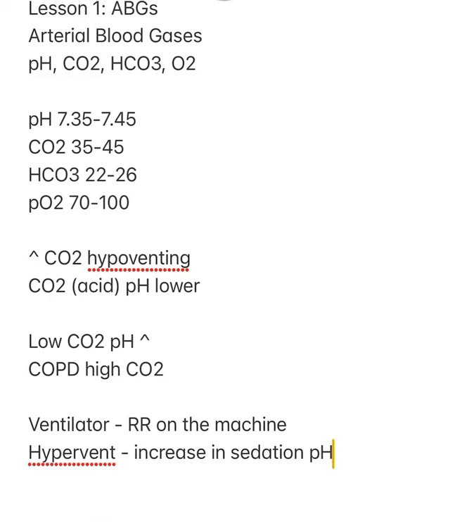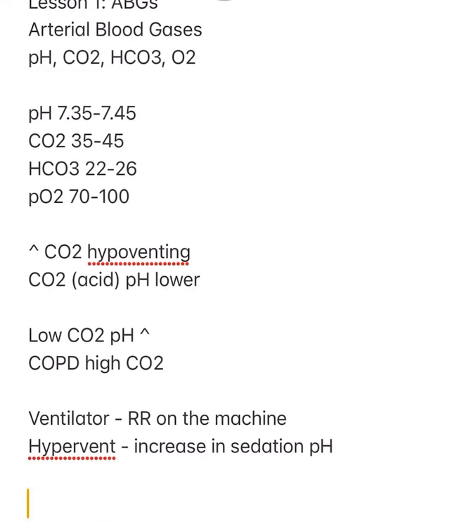So, to look at bicarb, bicarb is actually a product of the kidneys. Just to further clarify as well, CO2 in a vented patient is something that can be easily changed or maneuvered with the respiration rate on the machine, and it has a quicker turnover rate.